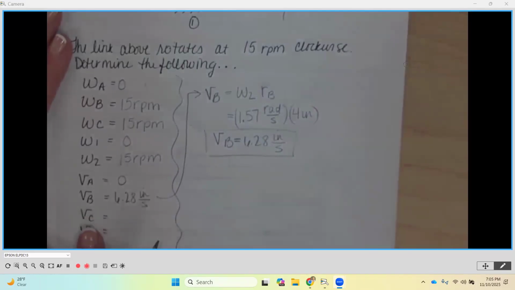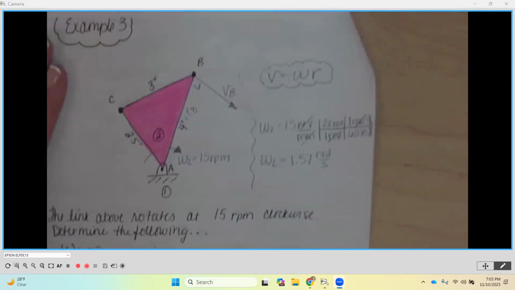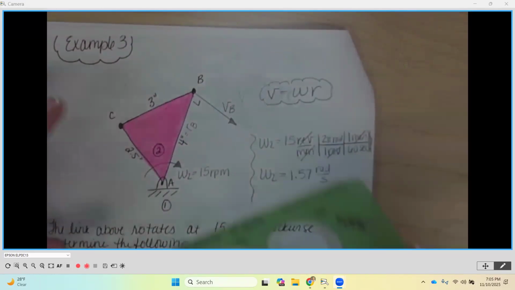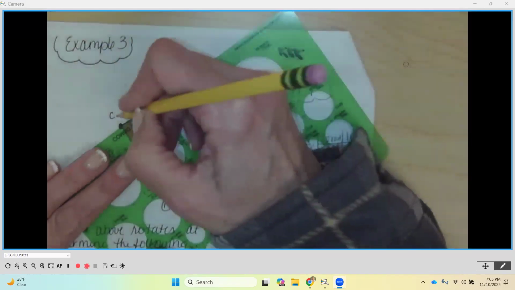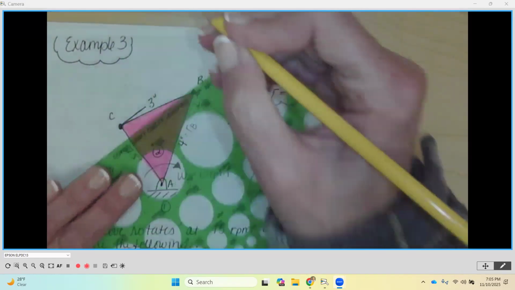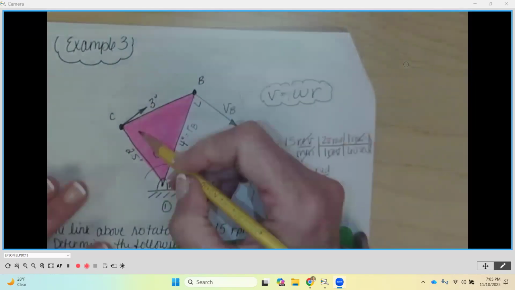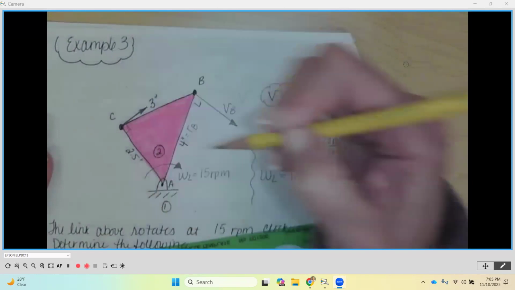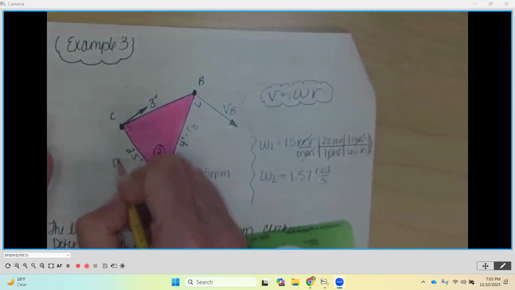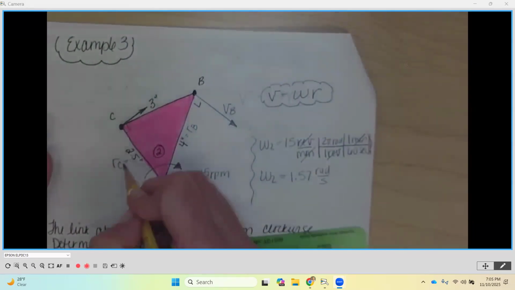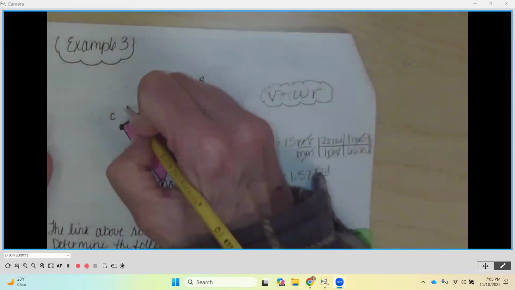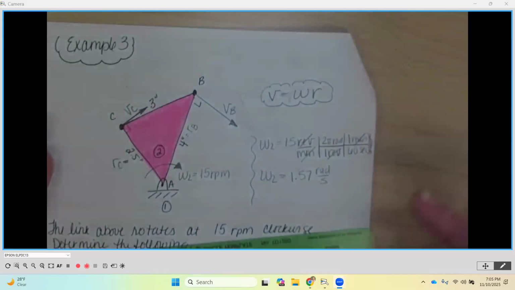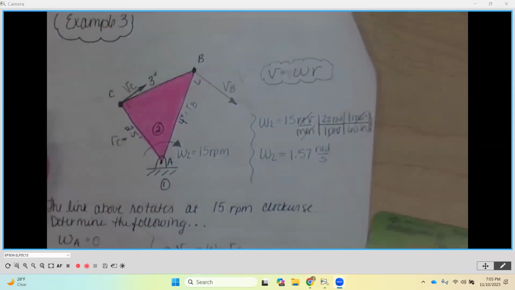Velocity of C. Velocity of C is also on that rotating link, and it's not at the center of rotation. So we're going to have a velocity of C perpendicular to its radius of rotation, which is 2.5 inches, right? So this is going to be RC equal to the 2.5. And then the velocity of C, we need to find its magnitude.